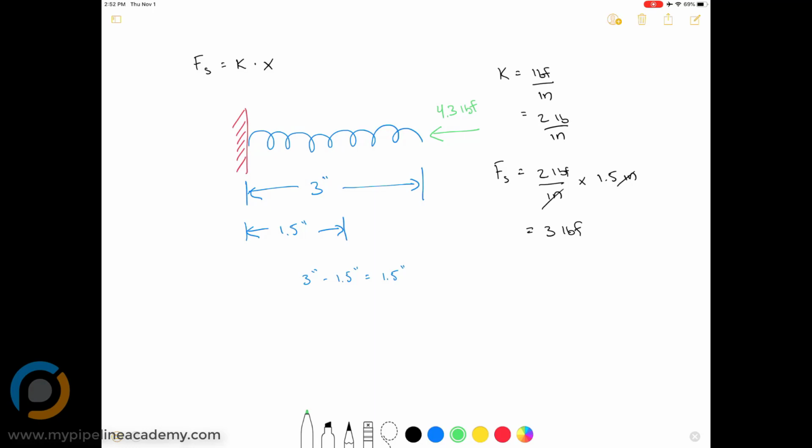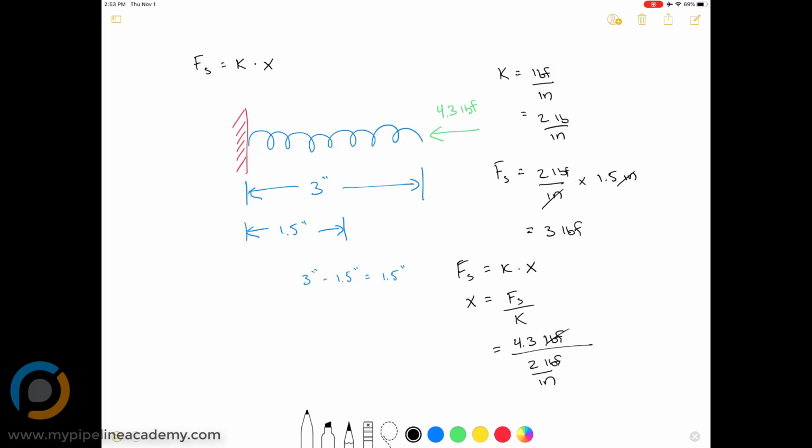to what compressed length are we going to compress that spring? We can start with the same equation, F sub S equals K times X. Only this time we're solving for X, not for our spring force. So we'll reconfigure this equation: X equals F sub S divided by K. We know that F sub S is 4.3 pounds of force divided by K, which is 2 pounds per inch.